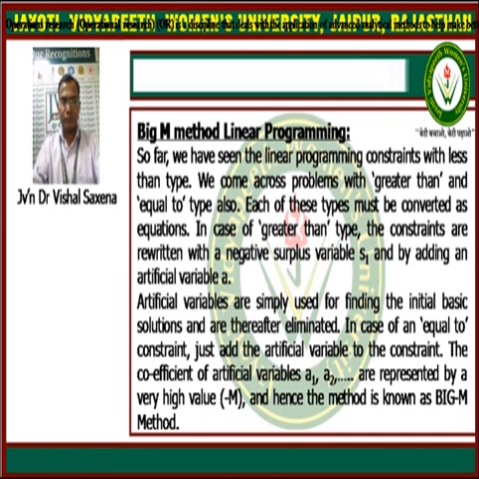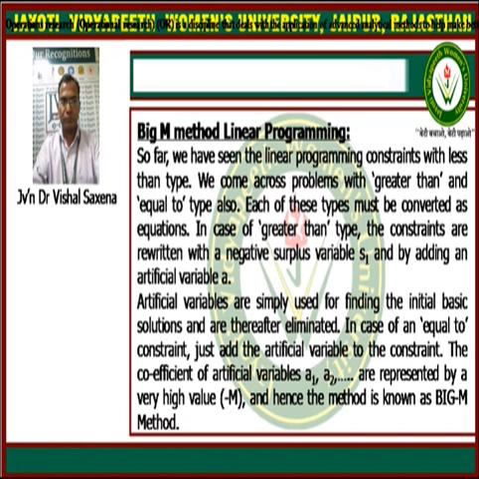In the first slide, the Big M method in the linear programming problem is explained. The Big M method is useful in cases of the presence of artificial variables in the basis.